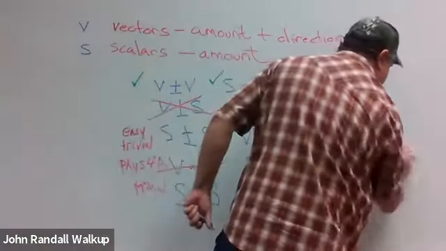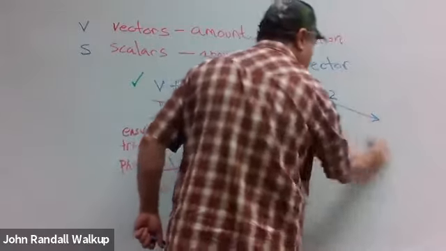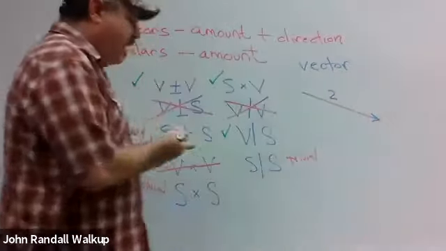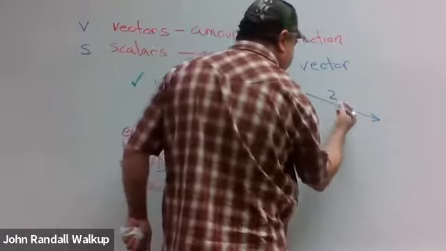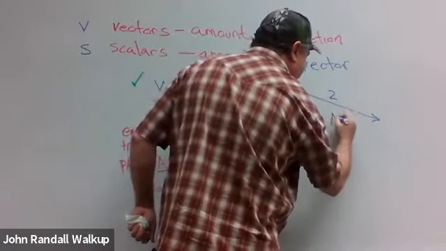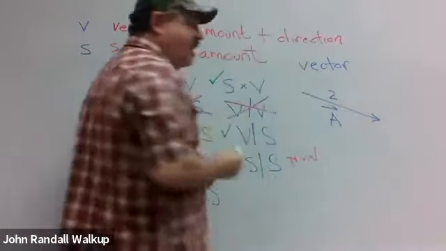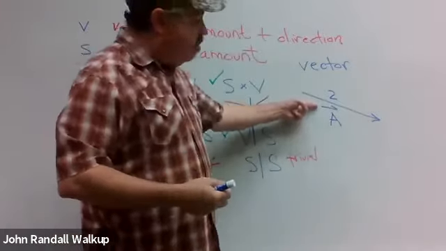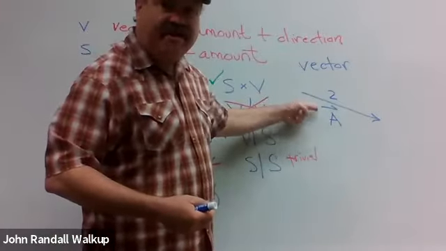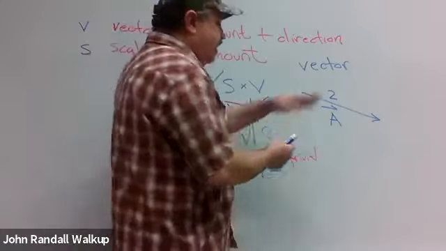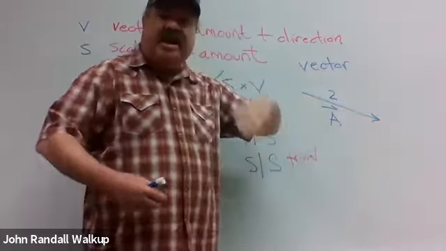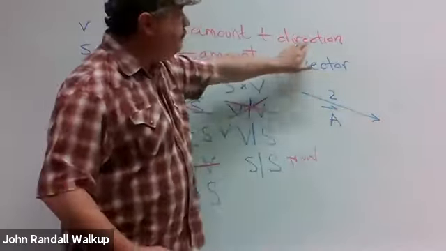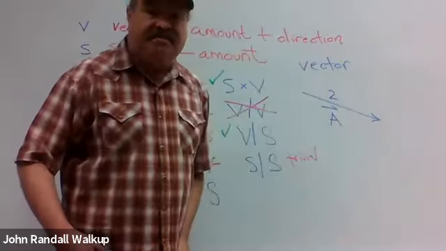So I'm going to go ahead and erase this. And we will give this vector here a label, we'll call it vector A. A with a little arrow on top means what? Vector A. Now, I also should mention the direction the arrow points is the direction of the vector.